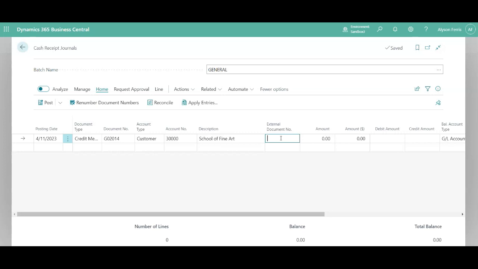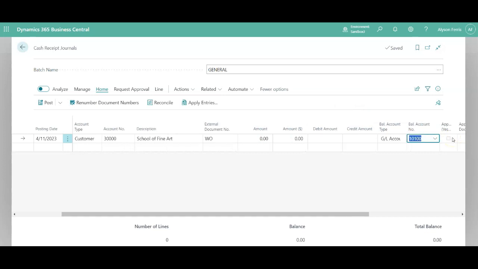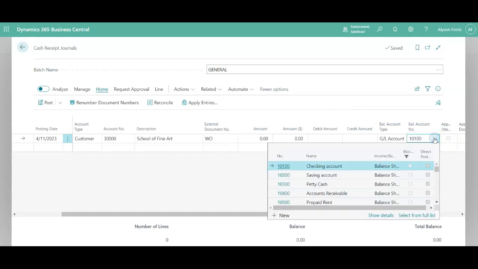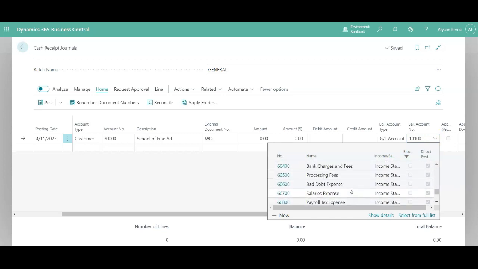And this is going to be a write-off. Leave the amount blank here. It's going to be a balancing account type of a GL, and I'm going to write this off to my bad debt expense GL.